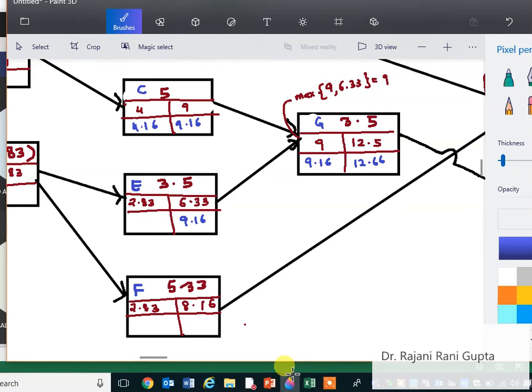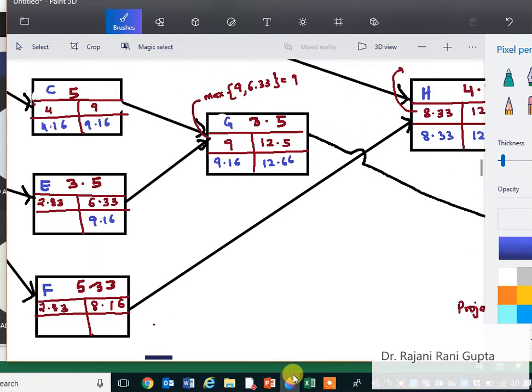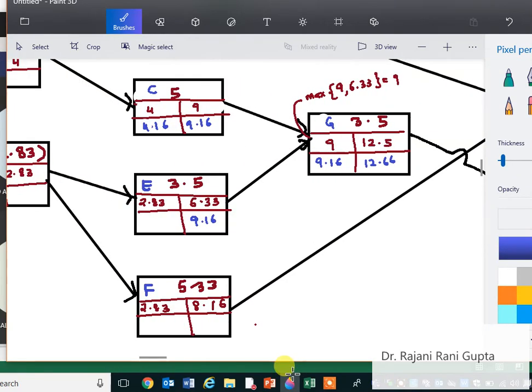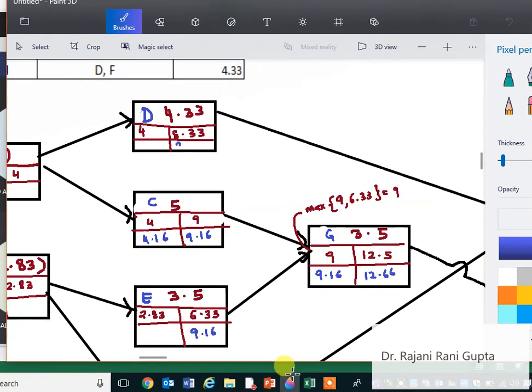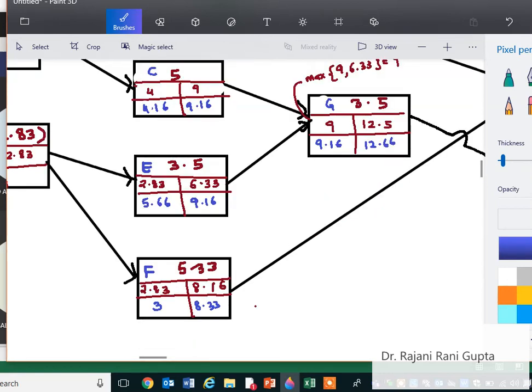Okay, similarly what we will get here, 8.33. 8.33 for this activity, also 8.33 for this activity. Minus 4.33 gives you 4. Okay, so we get these times.